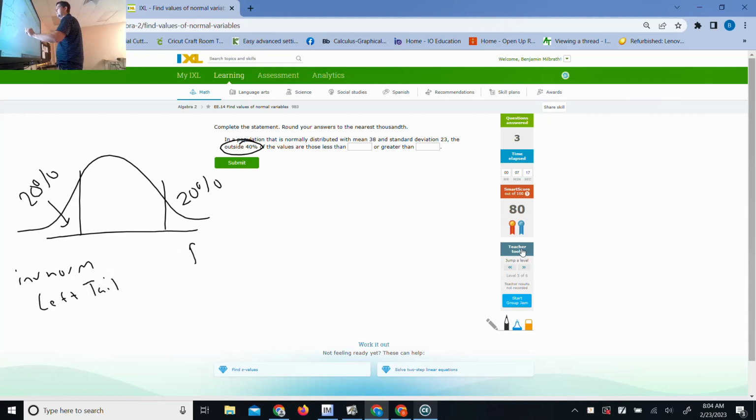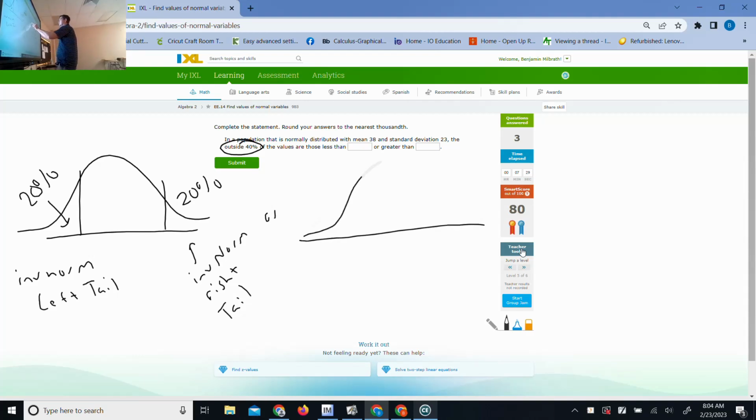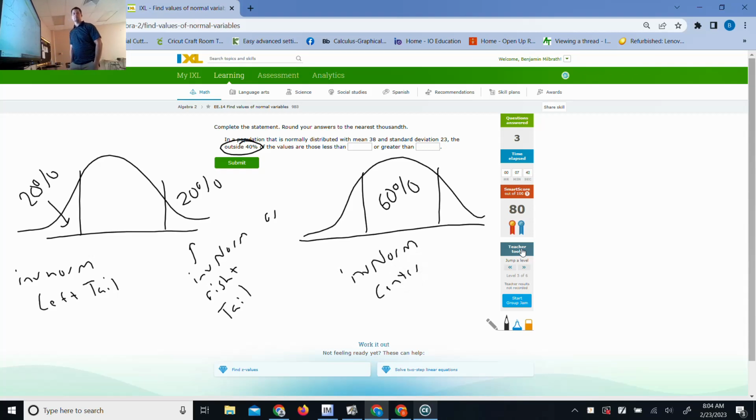You can do inverse norm with a right tail. Or you can realize that there's 60% left in the middle. And you can do inverse norm with a center, which is what I'm going to do. Because it's just quicker. It's one step, it's one and done. If you don't understand what I'm talking about here, do the stuff on the left, okay?